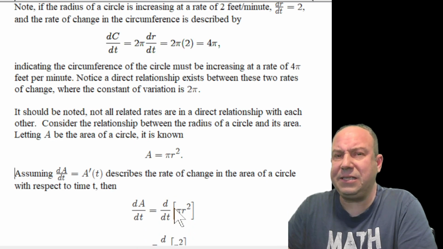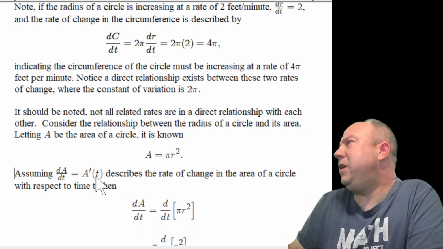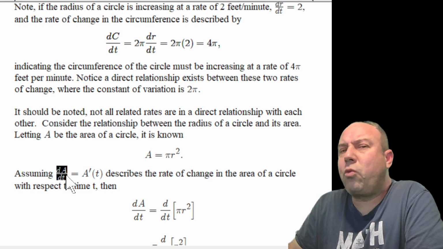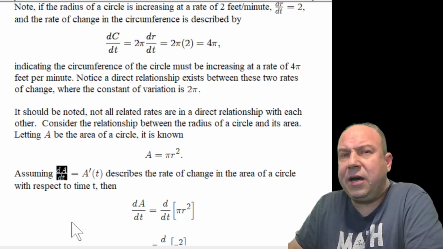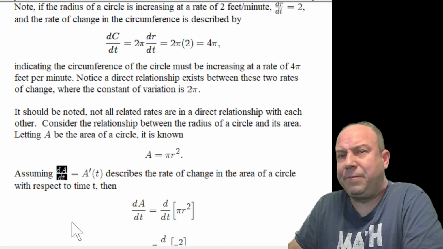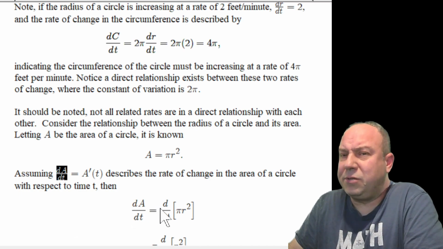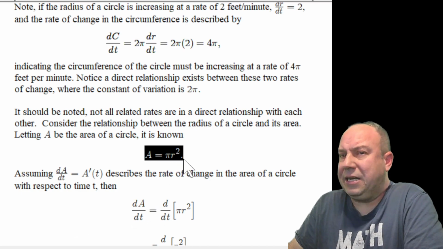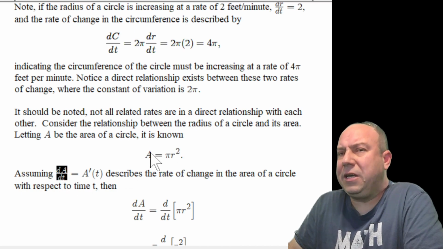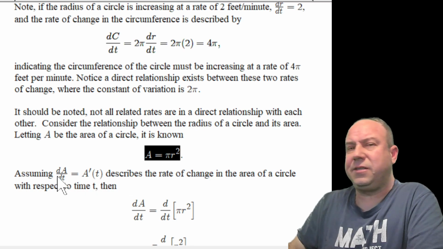Now, in this case, however, we're interested in the rate of change in the area with respect to time t in terms of the radius. We can use this relationship to determine this.